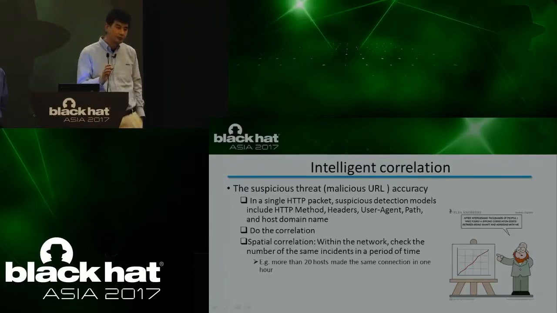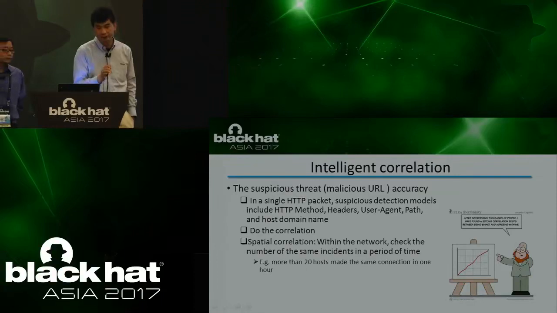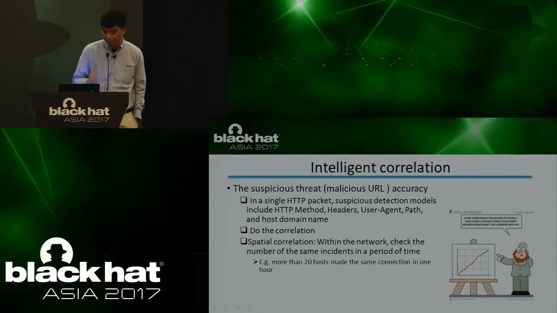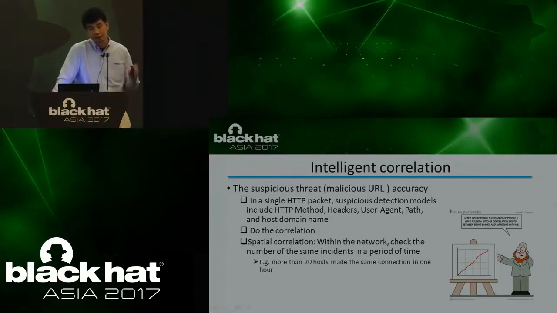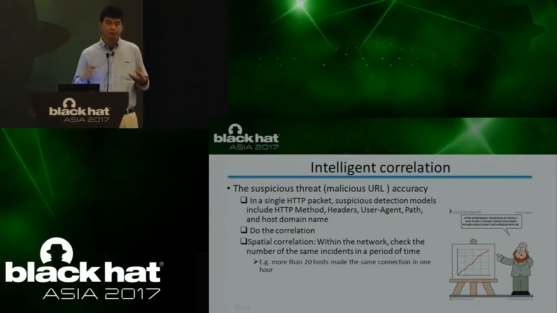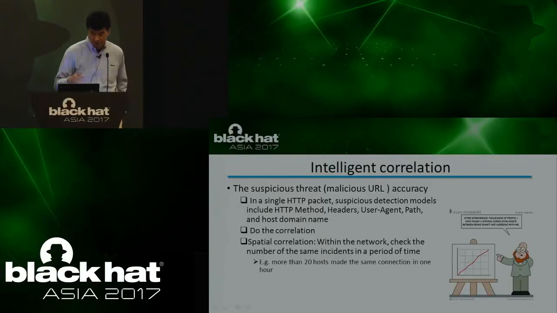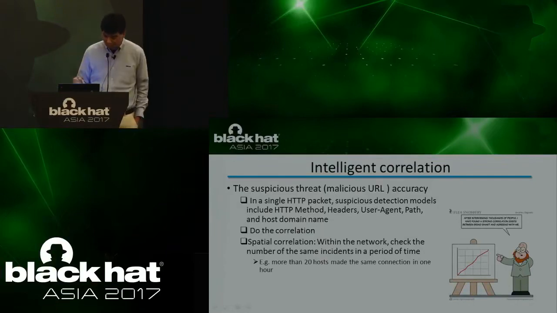For our architecture, today we will not go into the detail, but I will give a brief overview. Like we just said for the URL, we not only use the URL, we also use other fields, for example the domain and the URL path, and we combine them together. Then you need to put in a correlation method to get high quality.